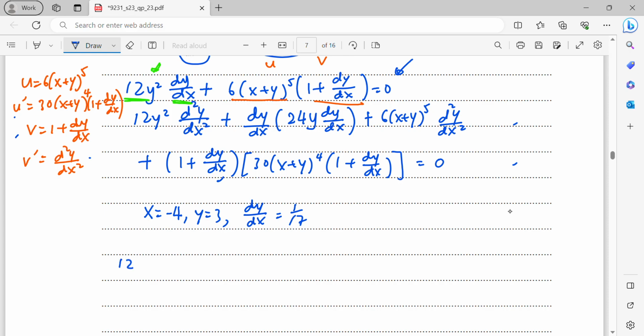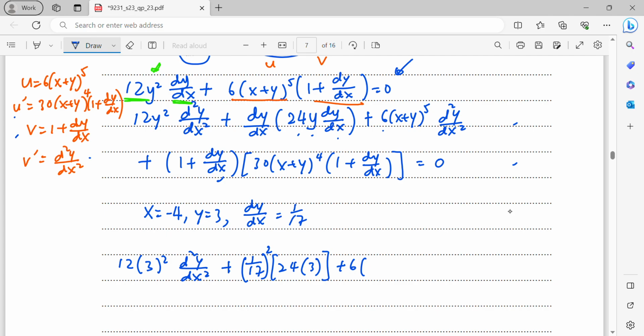I will get 12(3^2) d^2y/dx^2 for the first term, then plus 1/17, 24 times 3, then dy/dx. So again dy/dx, so I can just square this, right? Then plus 6.